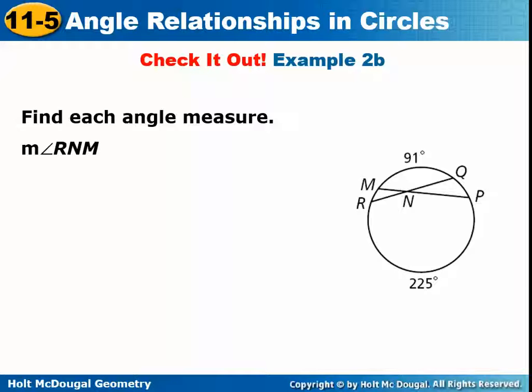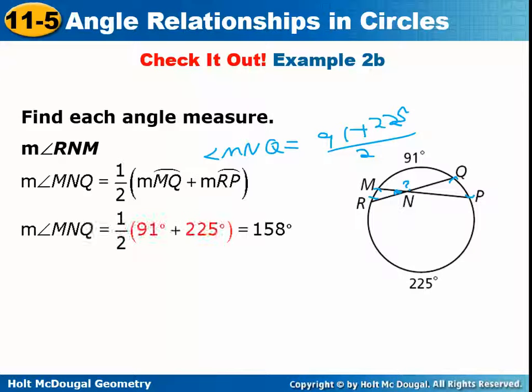And again, here's an example where we don't know its intercepted arc, or the one on the other side. But you can find this angle because you can take the measure of angle MQ will be equal to 91 plus 225, and then you can divide that by 2.